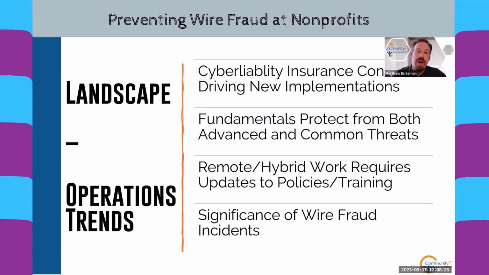So whereas 5 or 6 years ago, organizations basically didn't have any requirements in place, now they are really expected to have multi-factor authentication. They're expected to have training programs in place. They're expected to have endpoint detection and response tools, and maybe even required to have pen testing. All of these requirements are really driven from the compliance side and from the cyber liability insurance side.